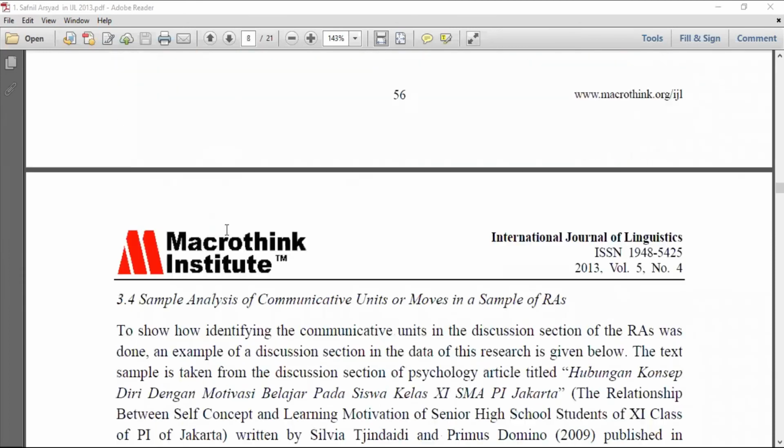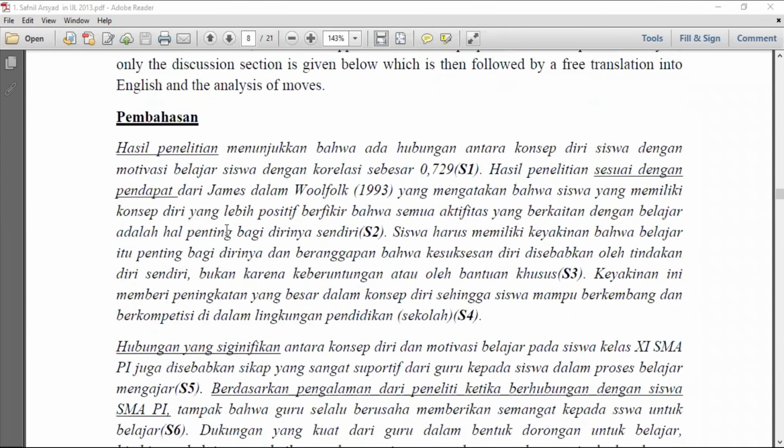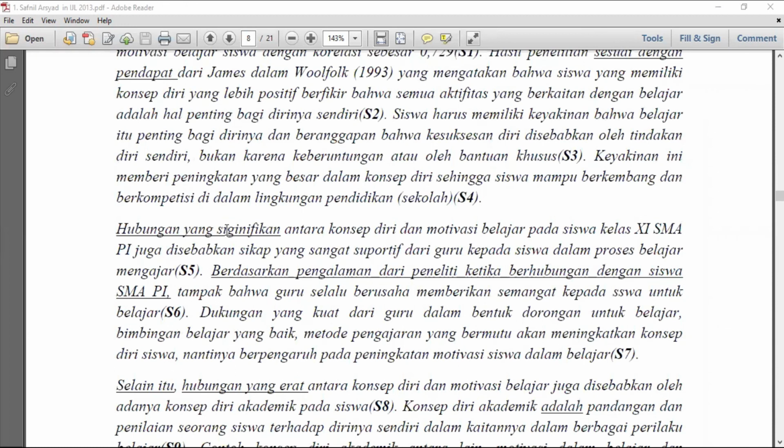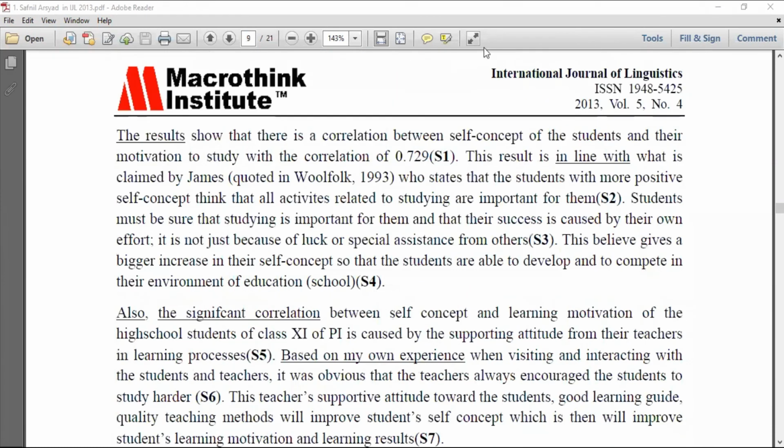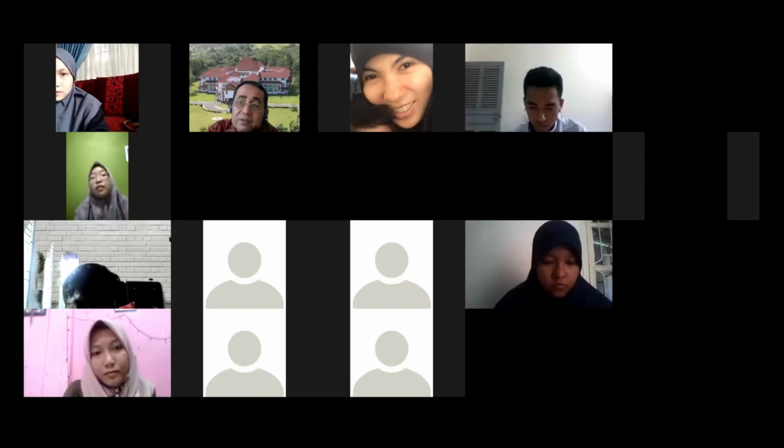And then this is the example, because I analyzed Indonesian. Okay, let's find another one. Now another example, not this one. The introduction.